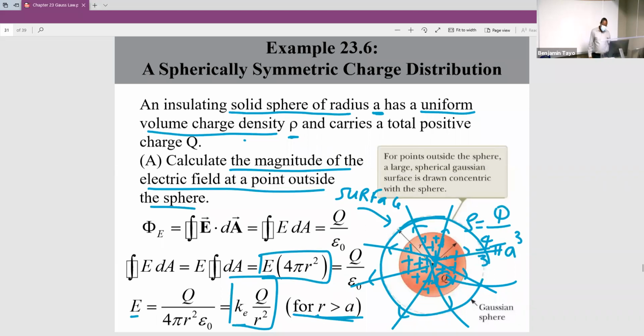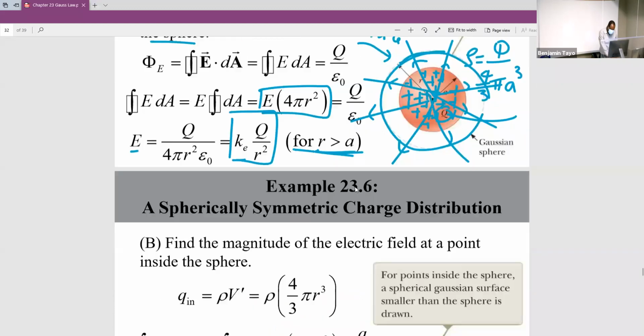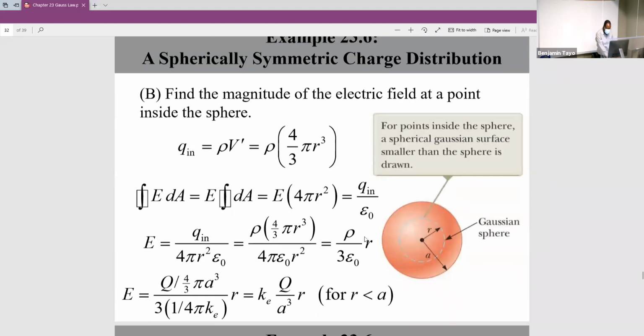Now, if I'm inside, for example, if this is my new Gaussian surface here, then the question is, how much charge do I have in here? Again, you have electric field lines coming out.